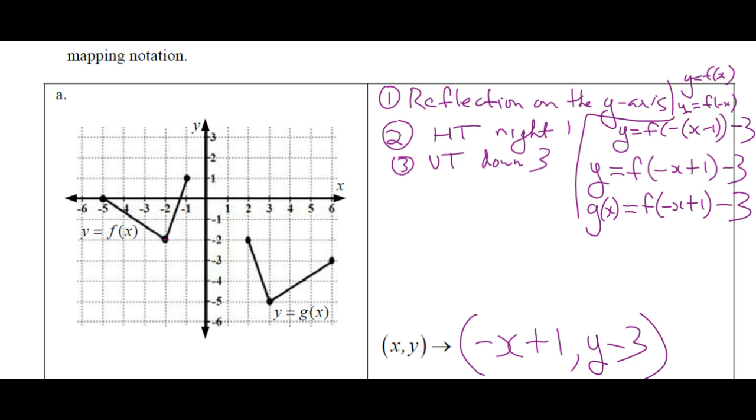So the negative of x plus 1. Again, if it helps you, do it in the 3 steps, right? Take xy to negative xy to negative x plus 1, y to negative x plus 1, y minus 3. Although I would do the translations at the same time, just because they're affecting different things, right? It's not like it's going to change this and then change this again.